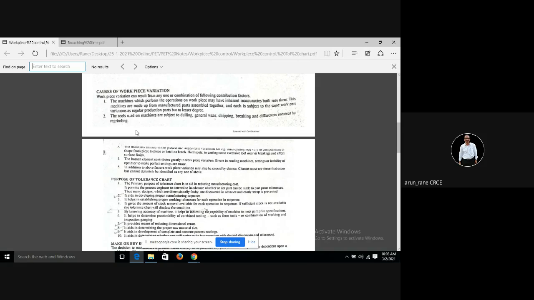First thing is machines. Machines which perform the operation on the workpiece may have inherent inequalities built into them. These machines are made up of manufactured parts assembled together, and each is subjected to the same wear as regular production parts, but to a lesser degree.